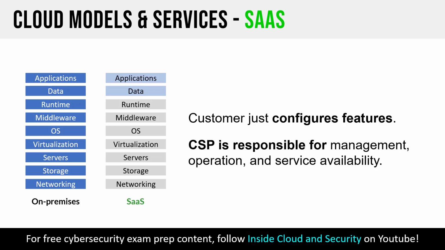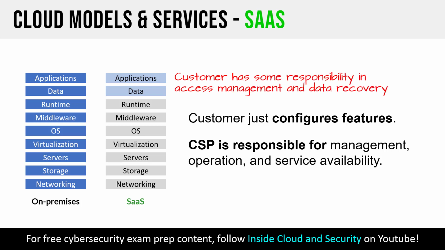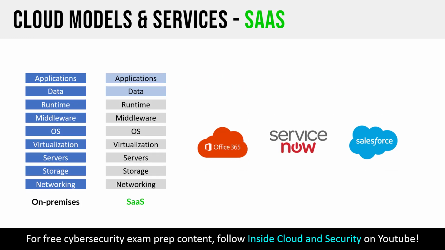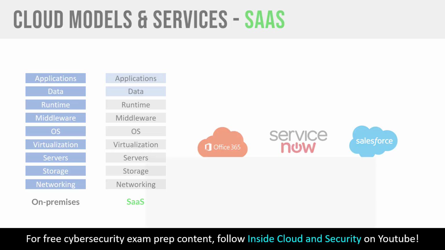But the CSP is responsible for management, operation, and availability of the service. So we just have that limited responsibility for access management and data recovery. Some examples of SaaS applications include Office 365, ServiceNow, and Salesforce.